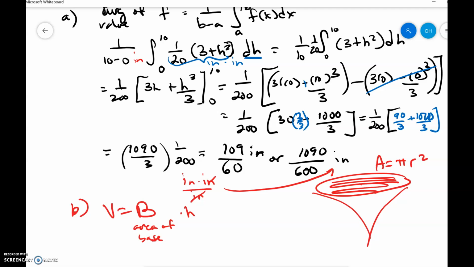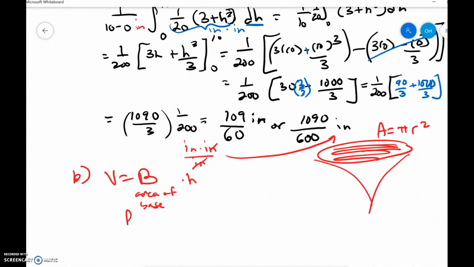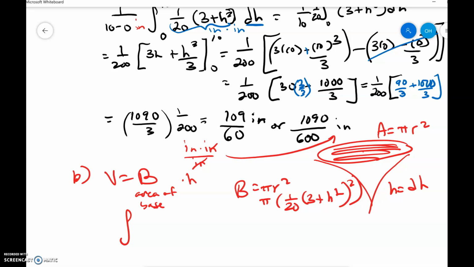So now I'm just integrating the area of my base, so B is equal to pi r squared, which is pi times my radius, which is 1 over 20 times 3 plus h squared, squared. And then my height, that's going to be dh, because that's my change in height.